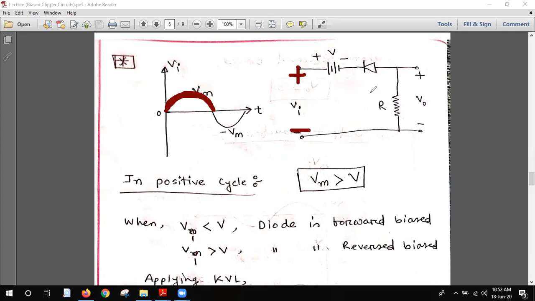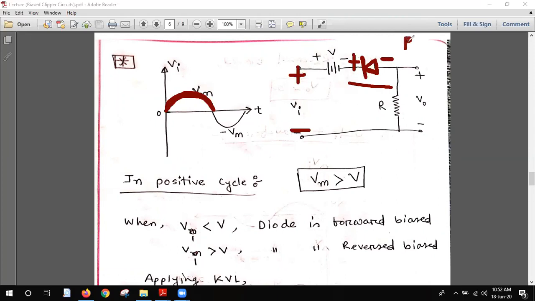We need to check the diode condition: is it forward bias or reverse bias? We all know the vertical line is N and the triangle is P. This plus is connected with the vertical line, N, and this minus is connected with P. So basically, this is the configuration of a reverse bias condition.